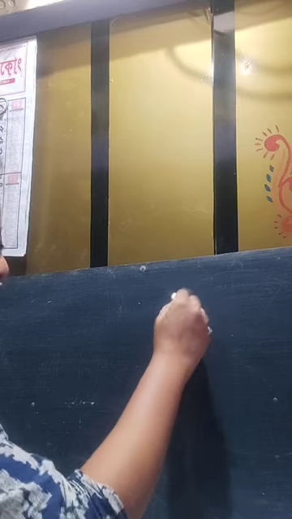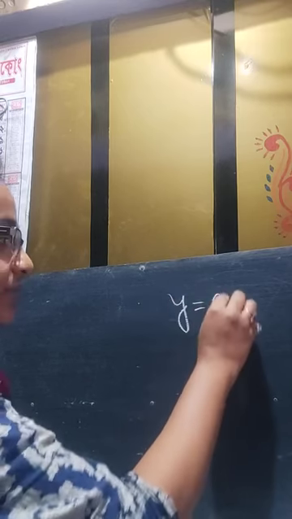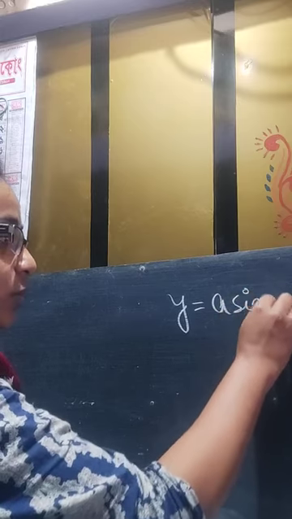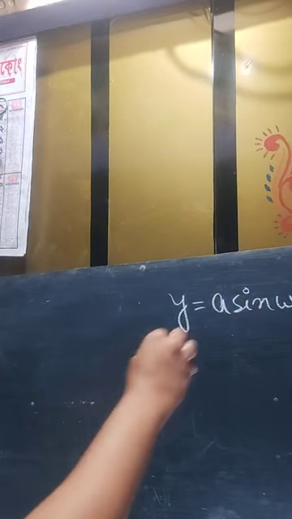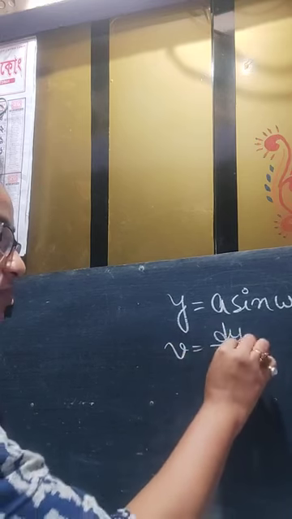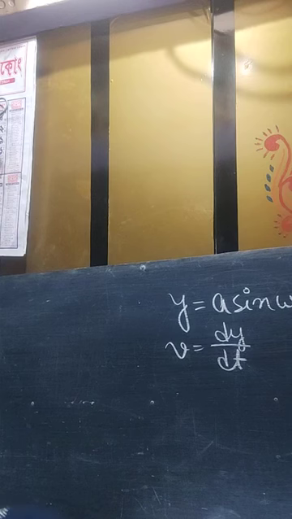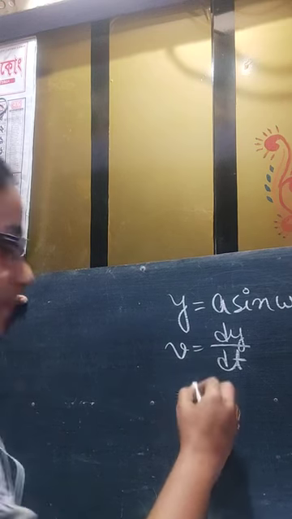So for the projection, the displacement y is given as a sin omega t, right? Therefore, what will be the velocity? V is nothing but dy/dt. Already we know it from 1D motion, right? The differential form of velocity.